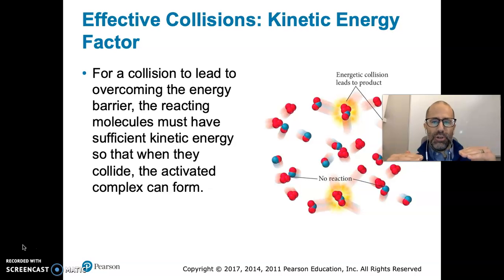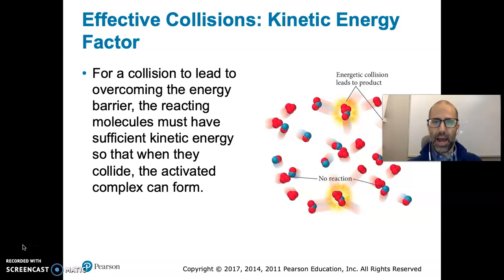Remember, you need enough energy to overcome that activation energy, and part of that is the ability to make that activation complex. Remember, we saw before the activation complex at the top of that curve. So you have that curve of the activation energy, and in order to make it to the top there, you have to form an activation complex. In order to form the activation complex, you need to be breaking bonds and forming bonds.